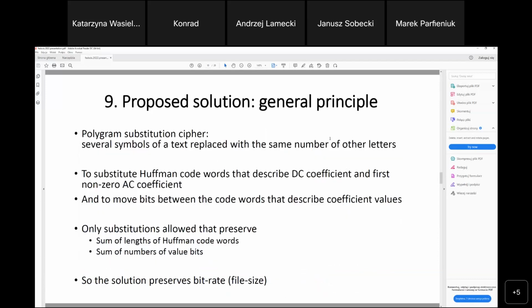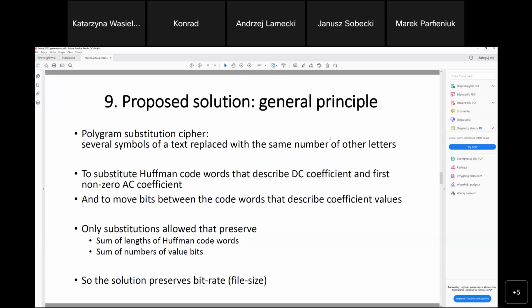My solution, as to its general principle, is a polygram substitution cipher. In general, such ciphers consist in replacing several symbols of a text with the same number of other letters. In my case, the symbols to be replaced are Huffman code words that describe DCT coefficients, only the main DCT coefficient and the first non-zero AC coefficient.